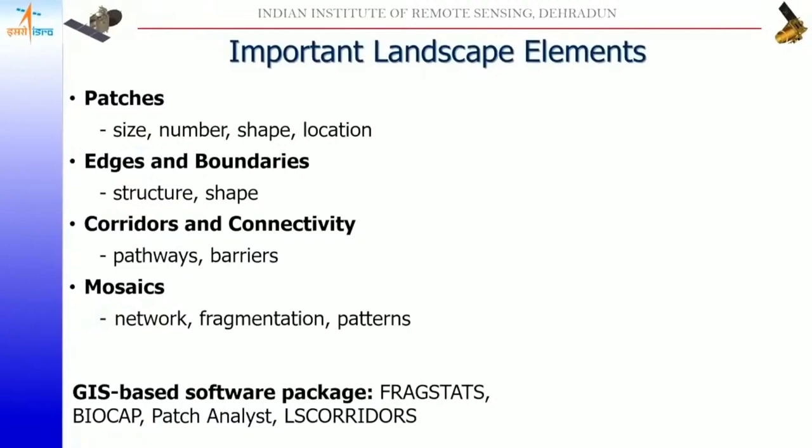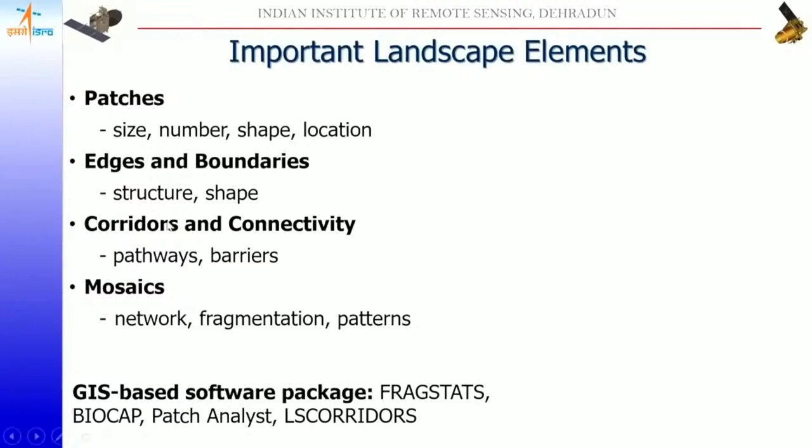So there are many important landscape elements which we consider in the biodiversity assessment. For example, the patches, that is the homogeneous area in the landscape: how the patches are distributed and their numbers, their shape and location in the landscape, the edges and the boundaries, because the patches will have different areas in terms of the edges and the boundary.